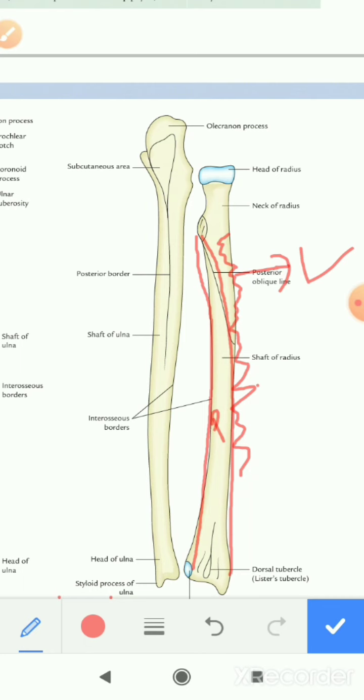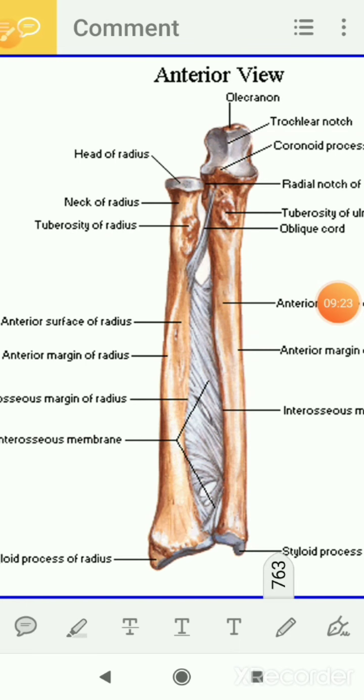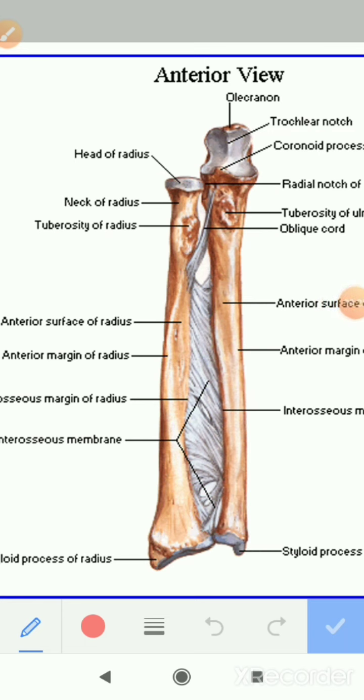Then come to the lower end. The lower end of the radius has 5 surfaces: anterior, posterior, medial, lateral and inferior surfaces.